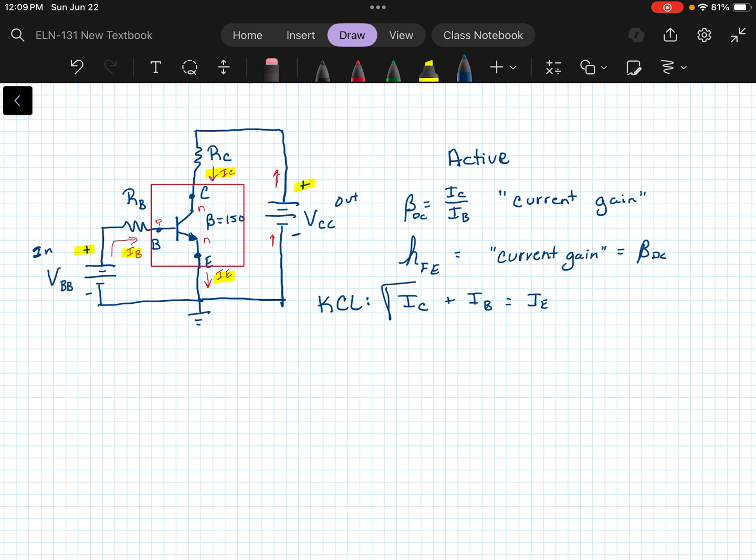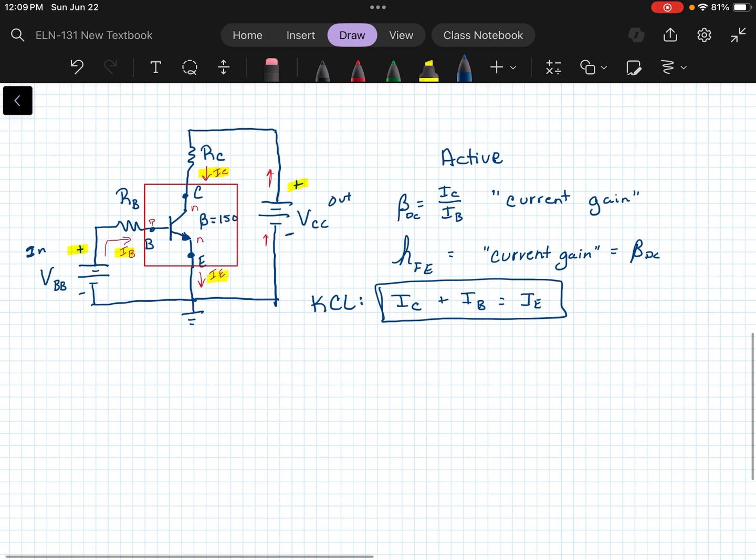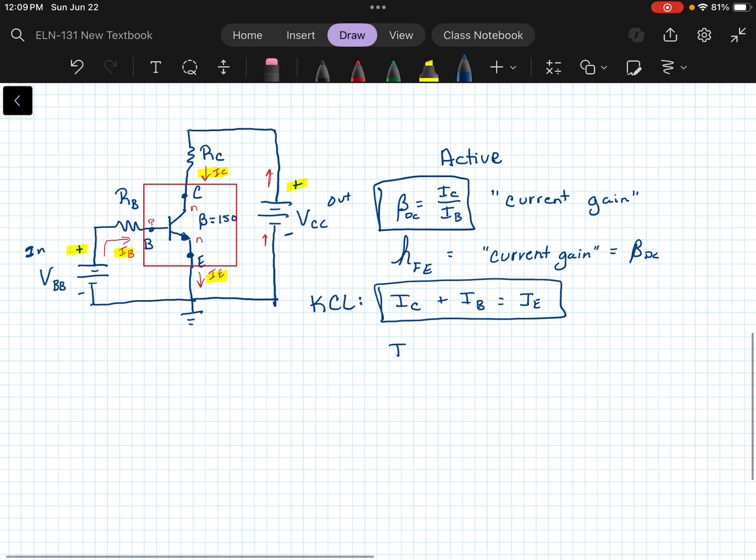That always should be the case, so keep that in mind. Also, if IC is the same thing as beta times IB, we could substitute that in for IC.